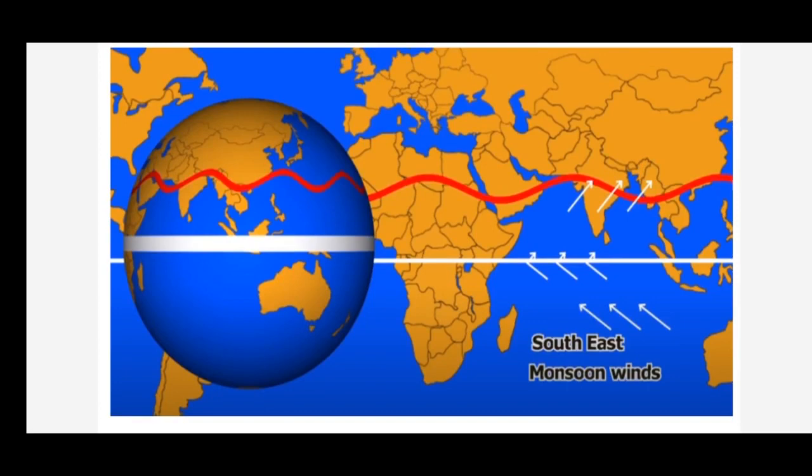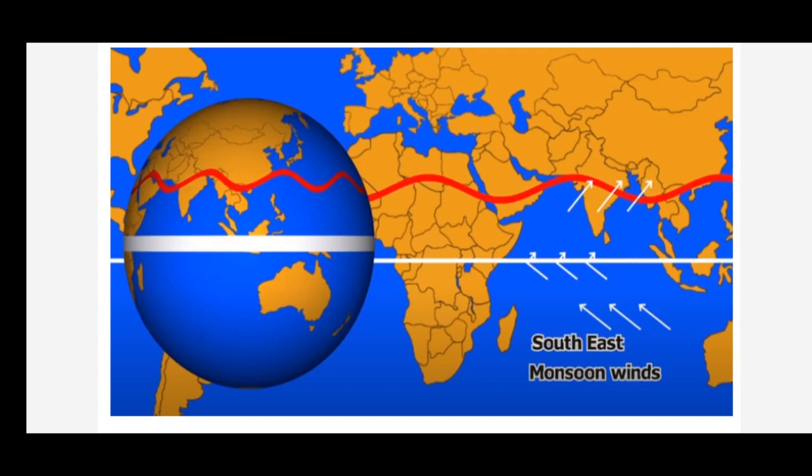But because of the shifting of the ITCZ zone over India, children, the winds move from the southern hemisphere to the northern hemisphere, and they are responsible for bringing rain in India.